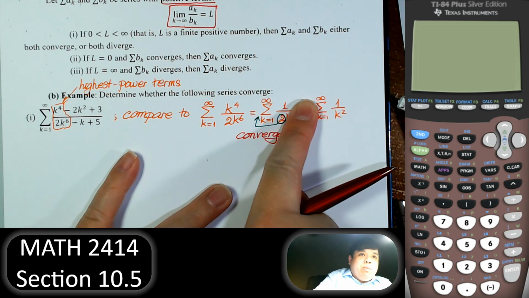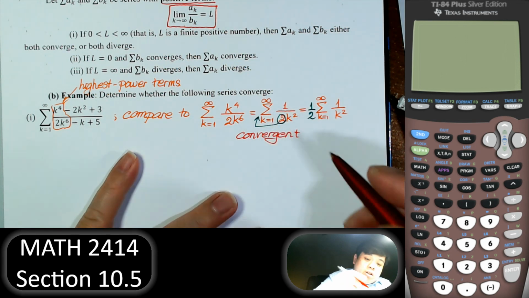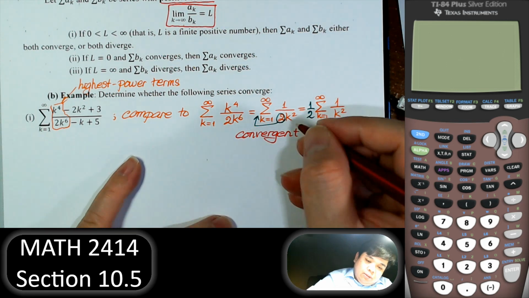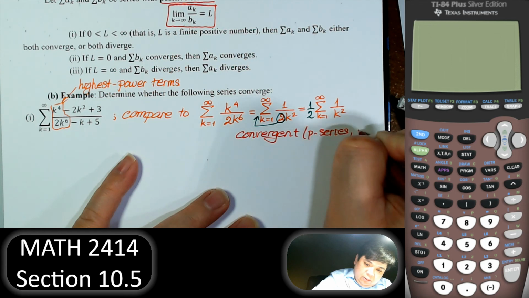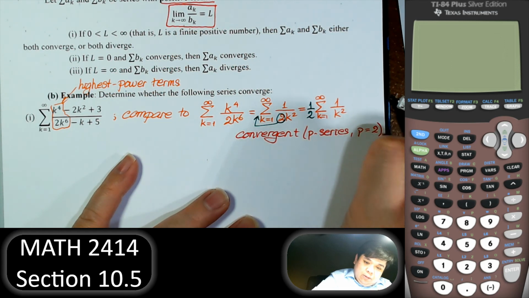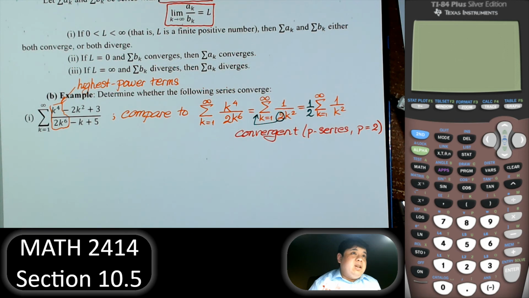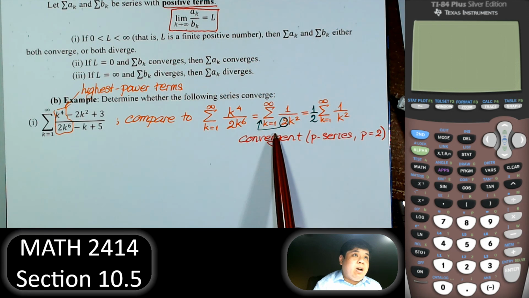Yeah, p-series with p equal to 2, greater than or equal to 1, and multiplied by 1/2, it is still convergent. Now we know that is convergent. So actually, with the limit comparison test, we could relax: we could compare with the 1/2, or we don't compare to the 1/2.